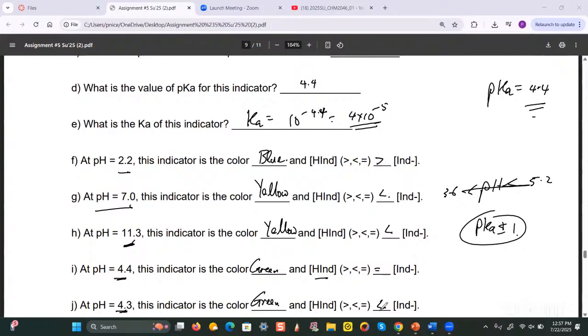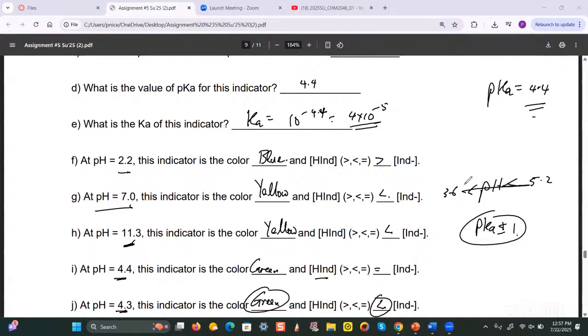If it's way below 4.4, then it's going to be yellow. And that's it. So even though this is less than, it's still going to be green because of the closeness in the concentration of the different species. Oh, yes, plus or minus 1, that would be the difference. Right, exactly. If the pH lies within that range, the solution will still have an appreciable amount of both. At 3.4 and 5.4, it would still be green.